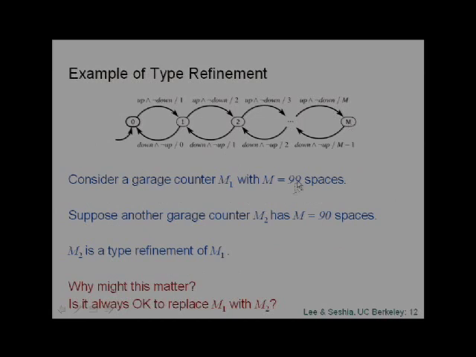Okay. Now if you look at it from a purely type viewpoint, then M1 is a refinement of M2 because they have exactly the same types, right? So whether you have M1 or M2, the inputs are going to be up and down, and the output will be count, right?